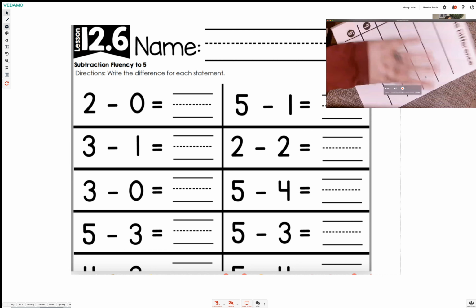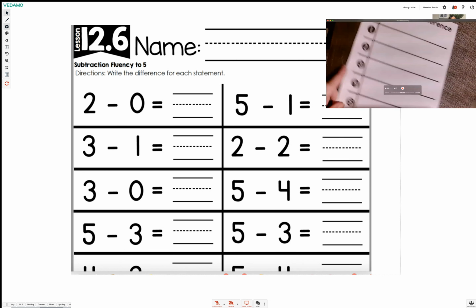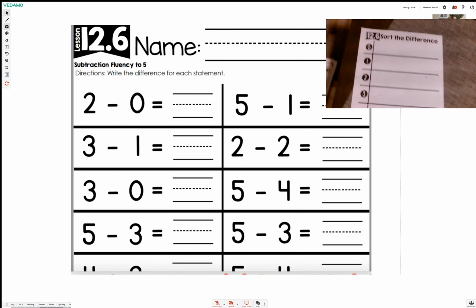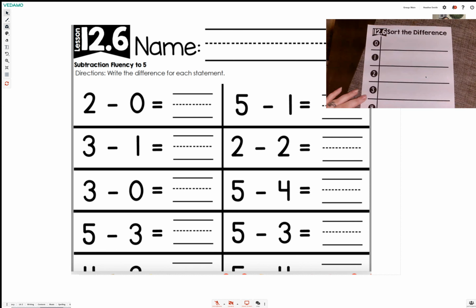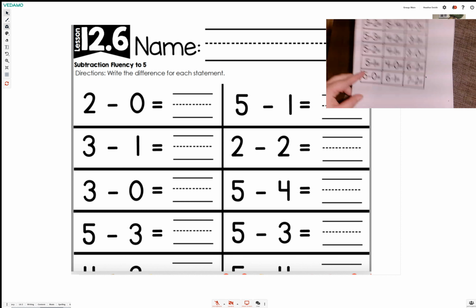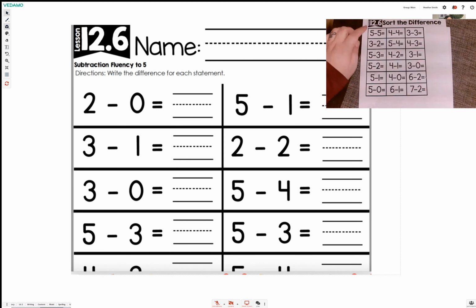It says sort the difference, and then it has the numbers on it. So just practicing subtraction with them, and then the second piece of this one looks like this. So they just cut them out. I did not give this sheet to kindergarten. You guys do not have the sheet unless I emailed you the entire packet.